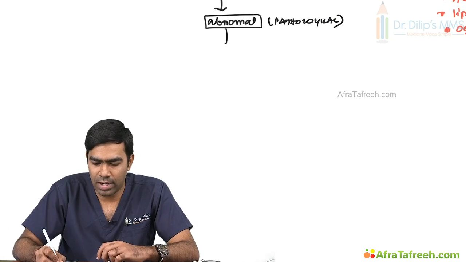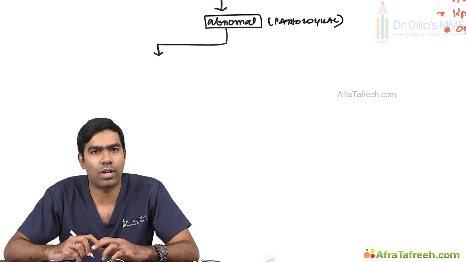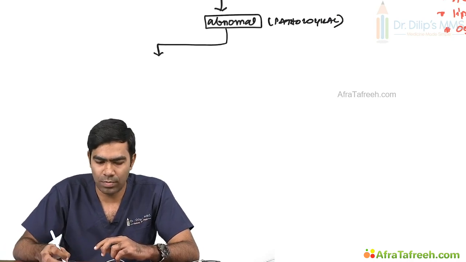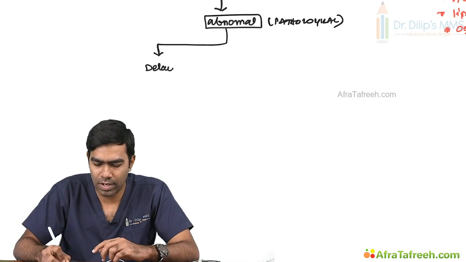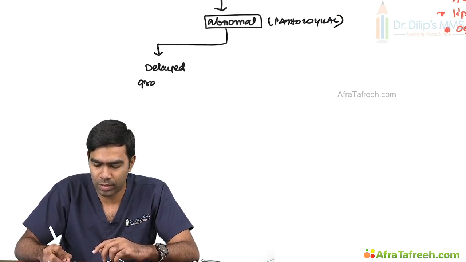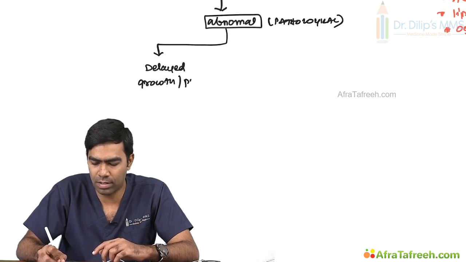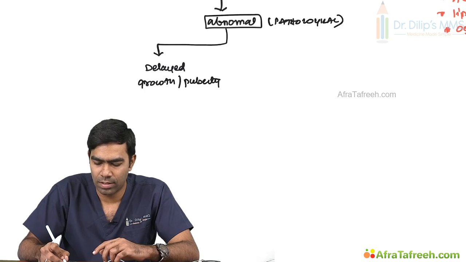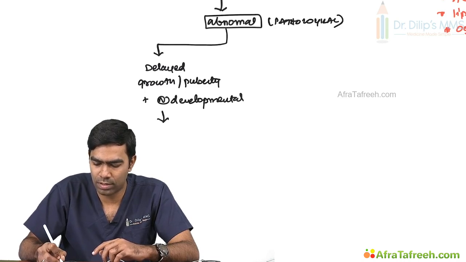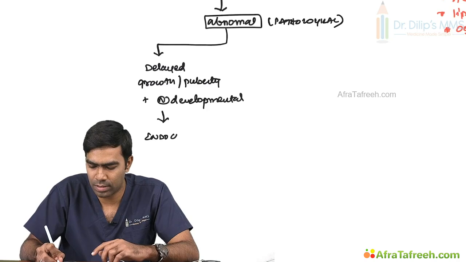So my idea is to find out whether it's an endocrine obesity, or a syndromic or monogenic form of obesity. If I have delayed growth and puberty but normal developmental milestones, usually this points towards an endocrine cause of obesity.